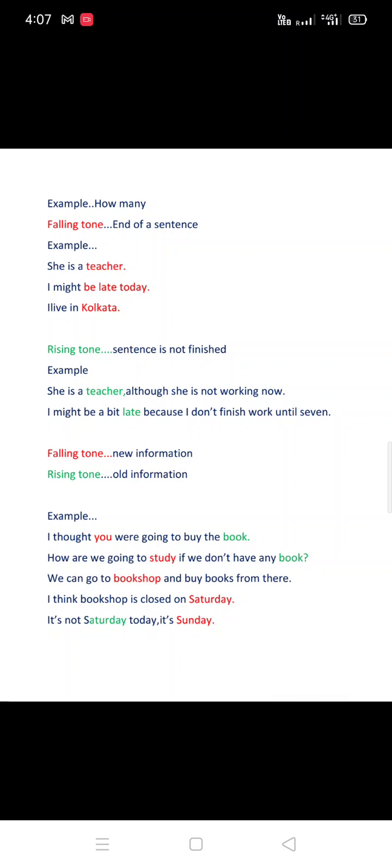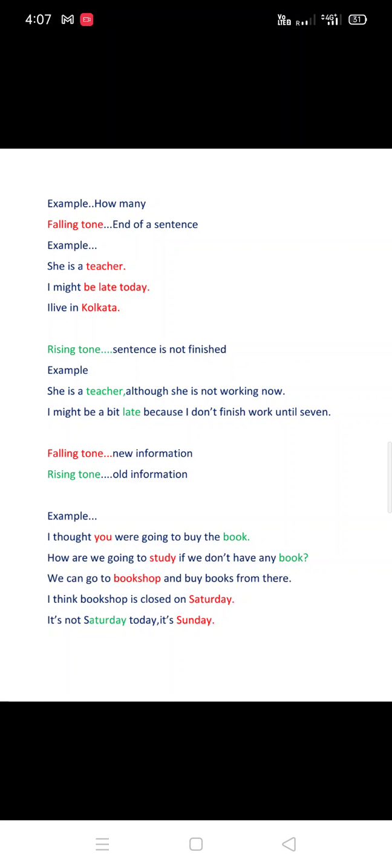It is an extract of a conversation, and the conversation is regarding buying a book. You have to just imagine that the book is already mentioned here, because it is an extract of a conversation, right? So book is already mentioned, so the idea book is old here, and we have to use rising tone here.